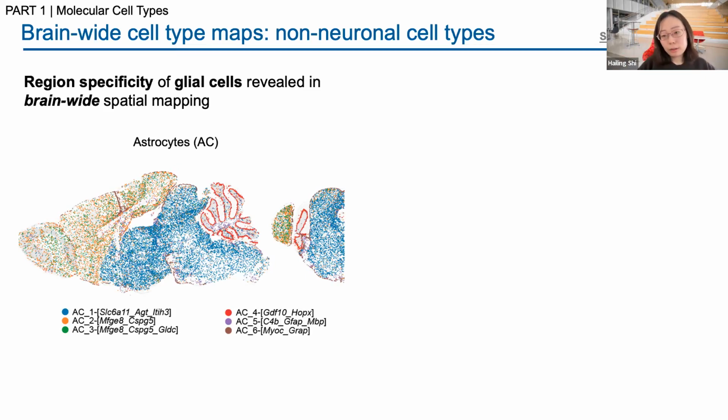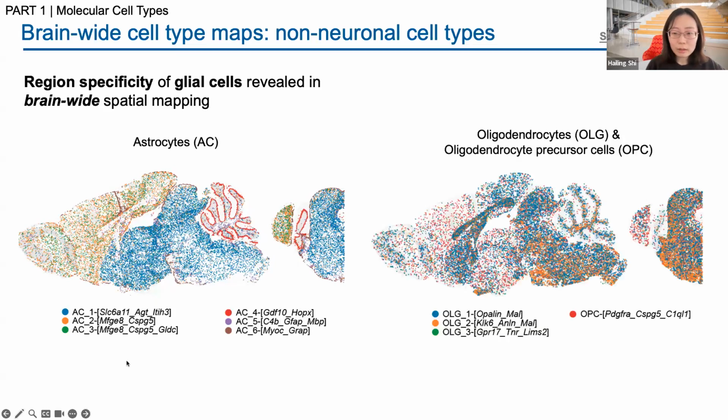There are clearly different populations of astrocytes in the telencephalon and the non-telencephalon region of the mouse brain. Another example is from the oligodendrocyte lineage, where more mature oligodendrocytes, marked by the orange color, are enriched in the posterior parts of the brain, including pons and the medulla. This discovery highlights the importance of brain-wide mapping for uncovering such patterns and advancing our understanding of brain physiology and pathology.